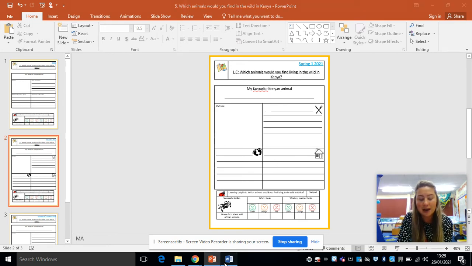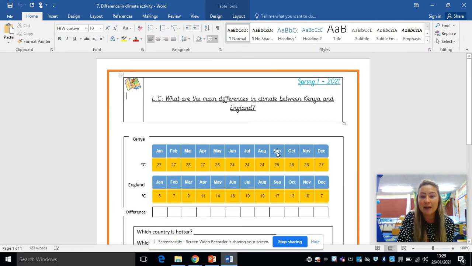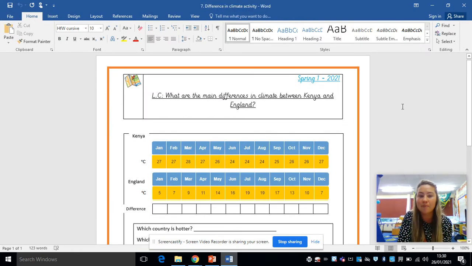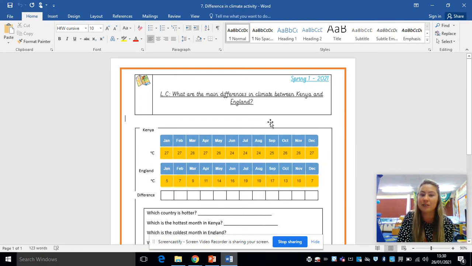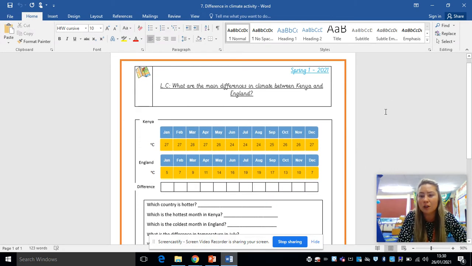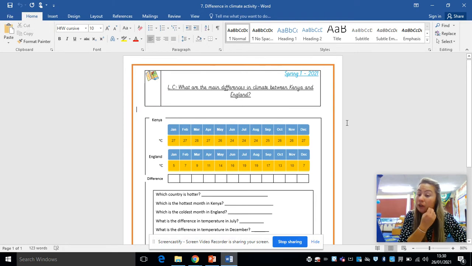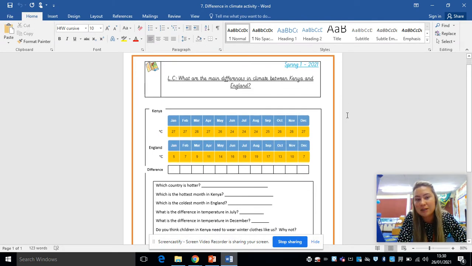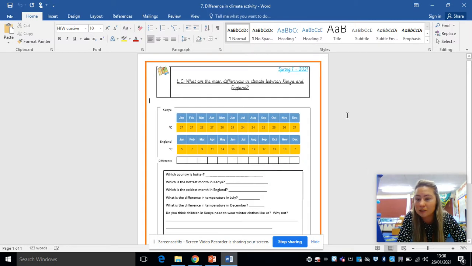Okay? Now, for the main bit and the last bit of our geography for this half term, we're going to have a look at the difference in climate between Kenya and England. Now, we looked at lots to do with climate on our last super learning day that we caught up on in Year 1, and we did lots about the equator, the southern hemisphere and the northern hemisphere as well.